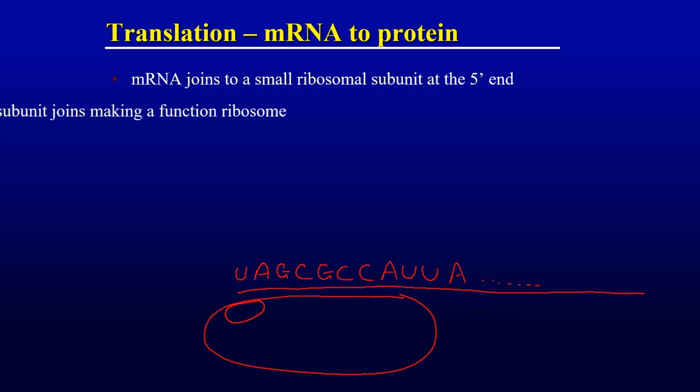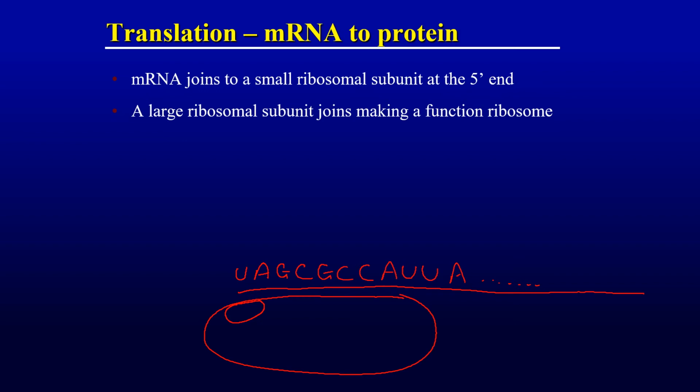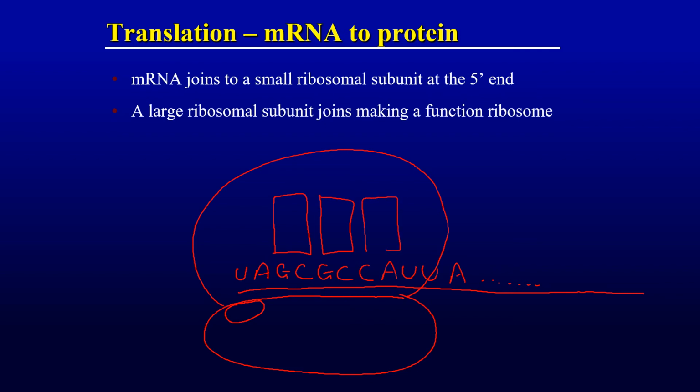Alright, so the next thing then is a large ribosomal subunit joins, and that makes a functional ribosome. There's our large ribosomal subunit. Now if you remember, the large ribosomal subunit has those three sites. There's the E, the P, and the A site. E, P, A. Alright, and there's an exit tunnel there.